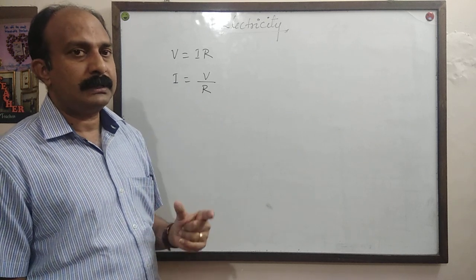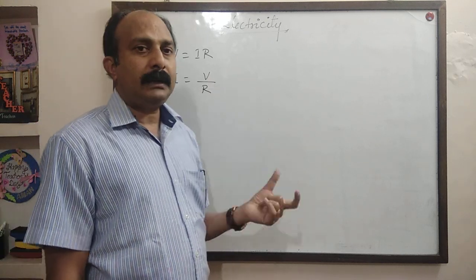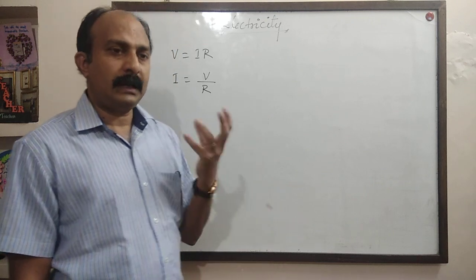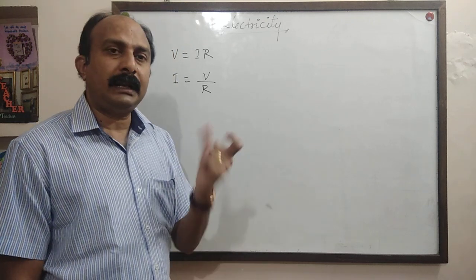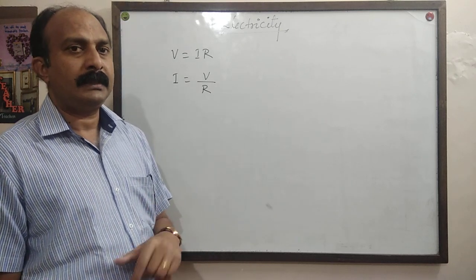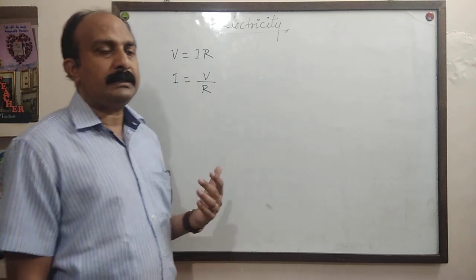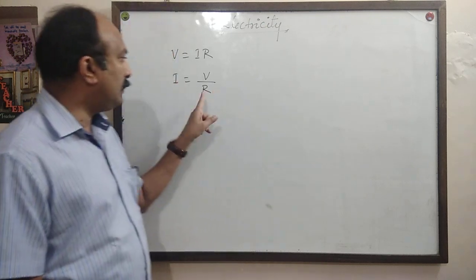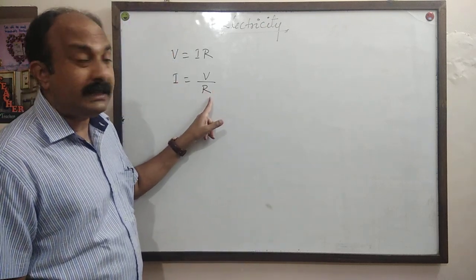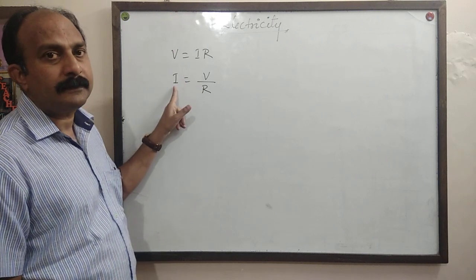What does it show? Different electric components consume or use different amounts of electric current. Reason? These different components have different resistance values. As I told you, when resistance increases, I decreases.